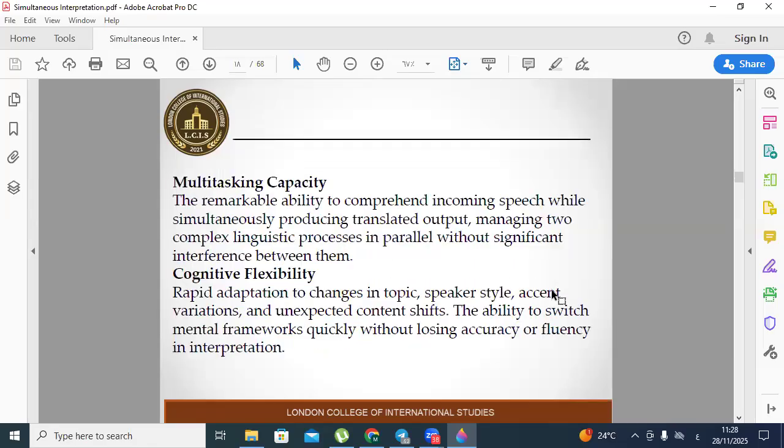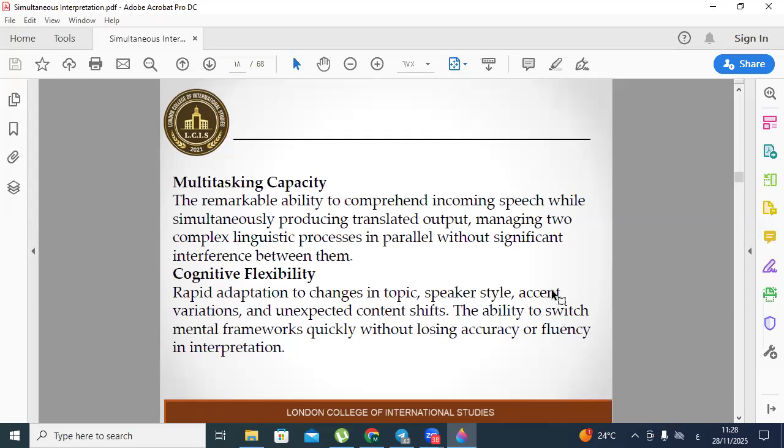Now let's move to the four core cognitive skills. Talking about multitasking capacity: the remarkable ability to comprehend incoming speech while simultaneously producing translated output, managing two complex linguistic processes in parallel without significant interference between them.